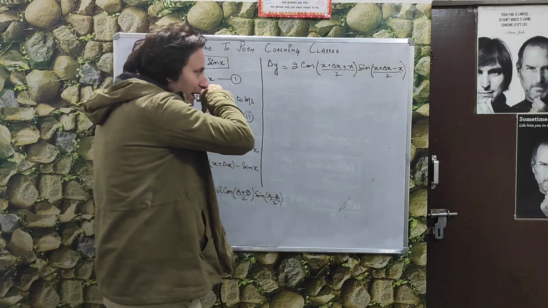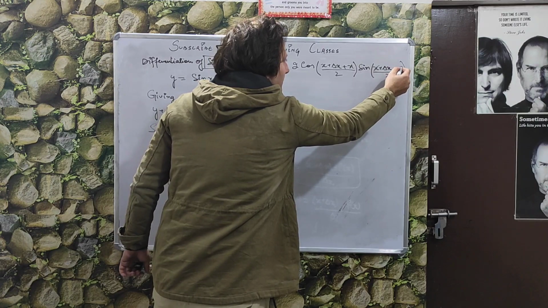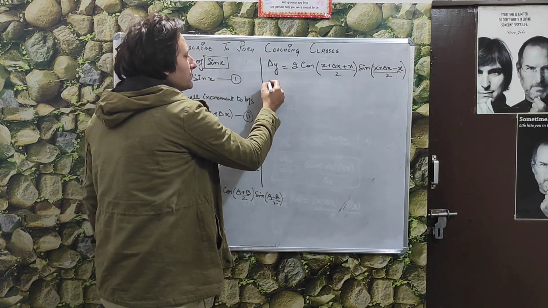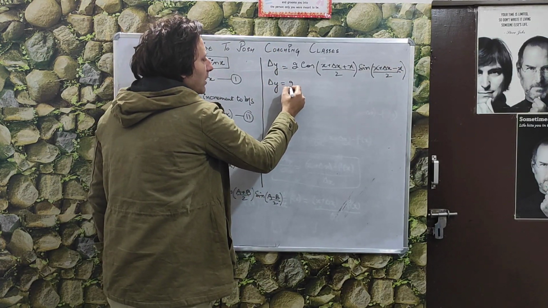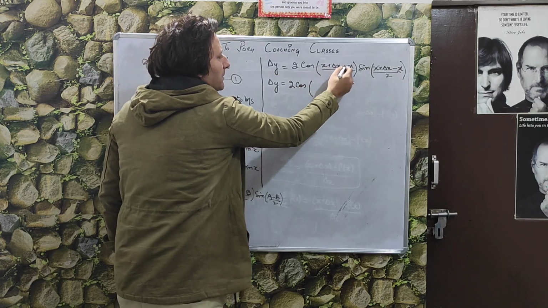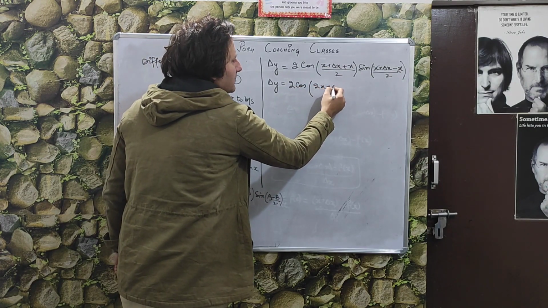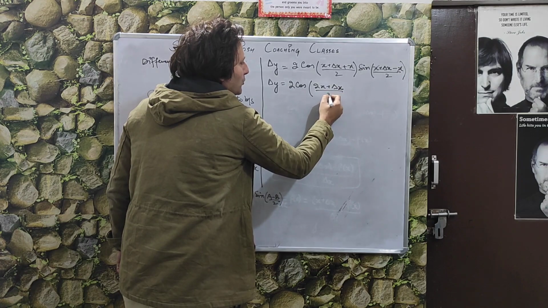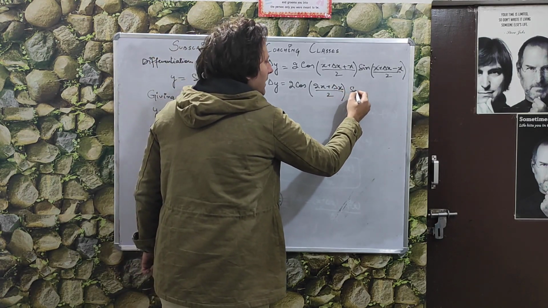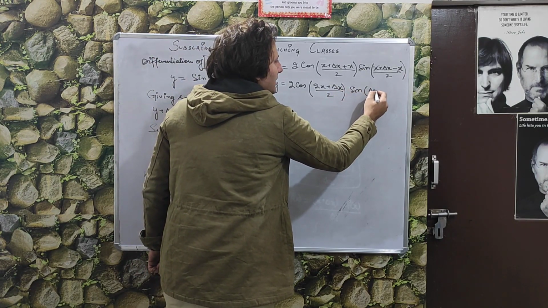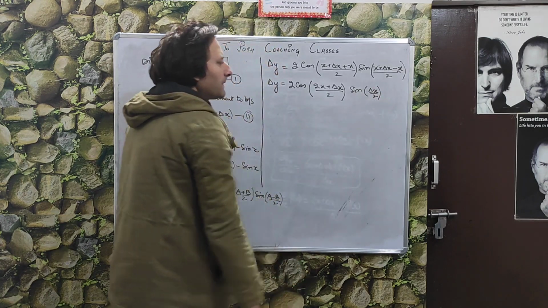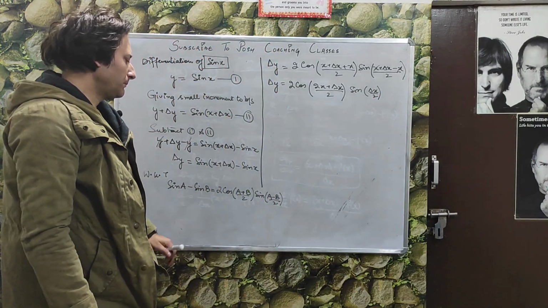Now this x and this x will go. What is left is twice cos (2x plus delta x) upon 2, then sine (delta x upon 2). So this is part 2.